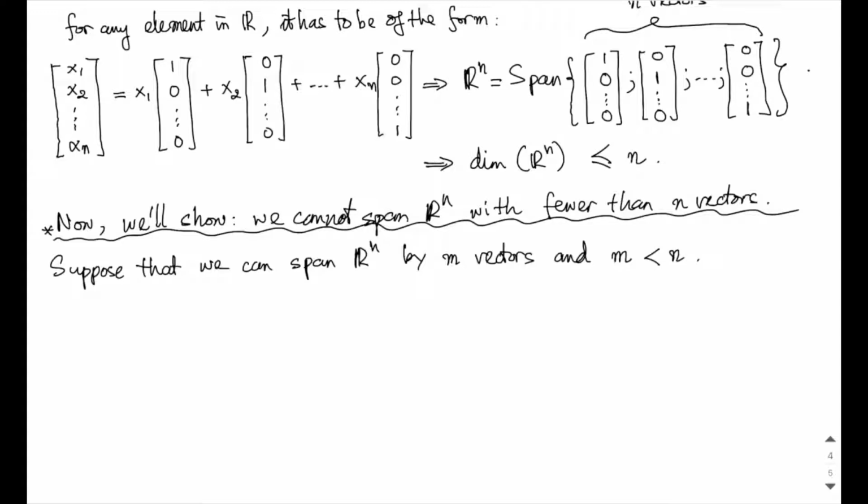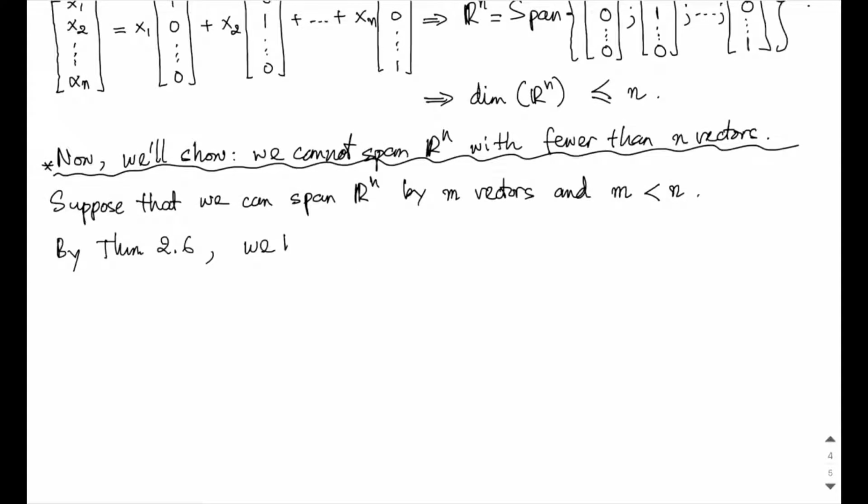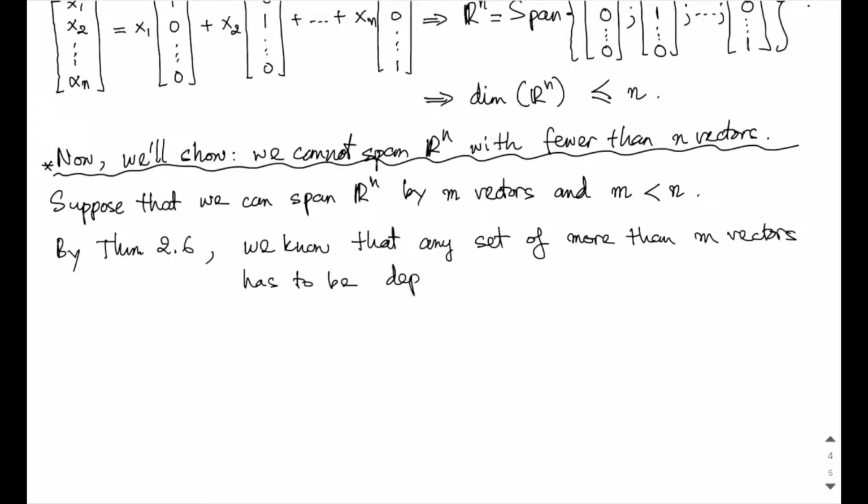Now, by theorem 2.6, we know that any set of more than m vectors has to be dependent.